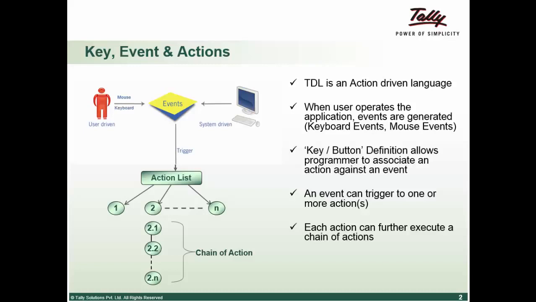The action list can be multiple, and the key or the button definition allows the programmer to associate an action against an event. So when I say Control A, that is the key, and the action is to accept the voucher entry.